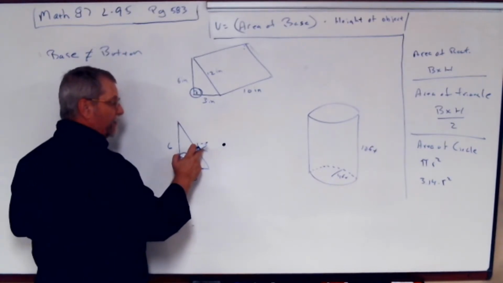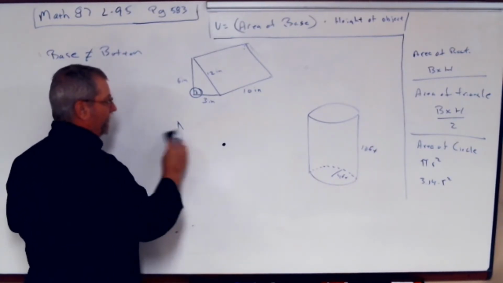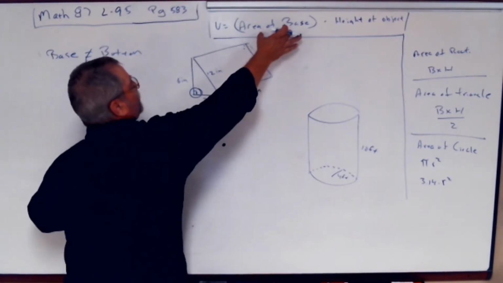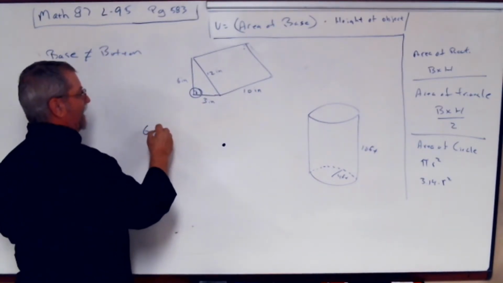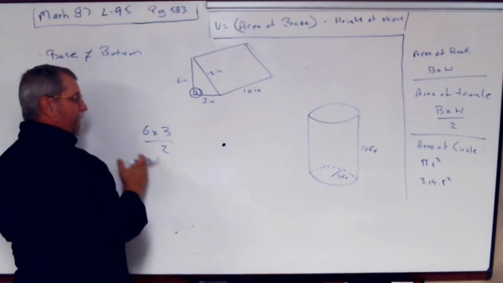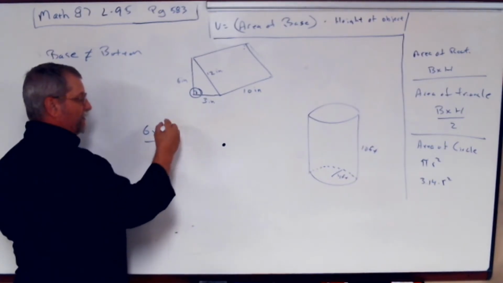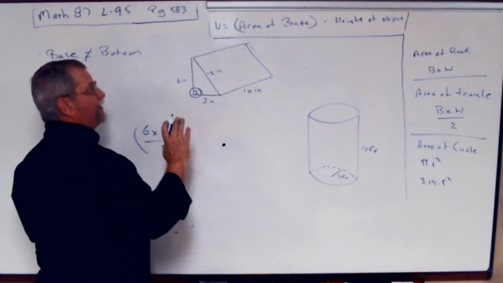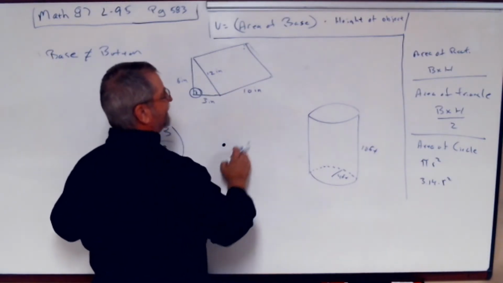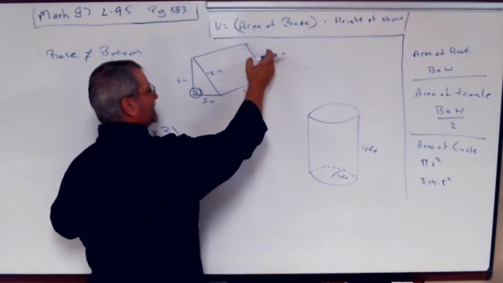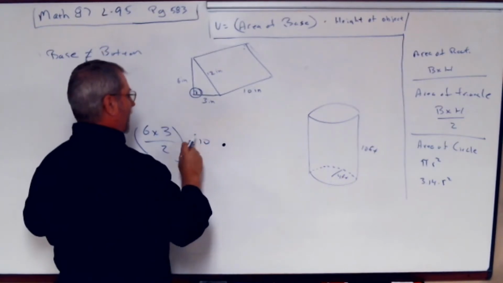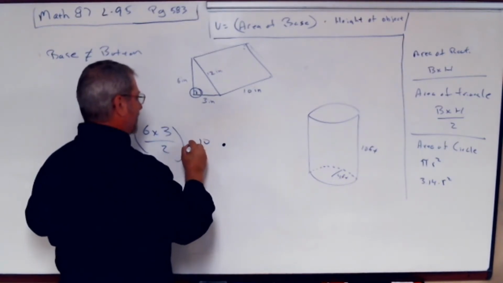We're not going to use this number at all, okay? So, for the area of the base, 6 times 3 divided by 2. Triangle. Don't forget to divide by 2. And then you multiply it times the height of the object from base to base. Times 10.